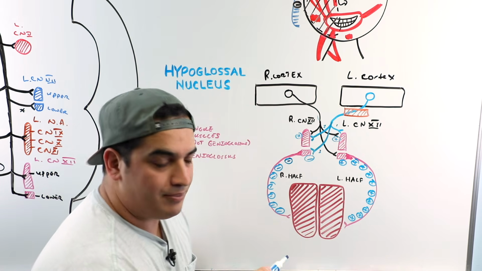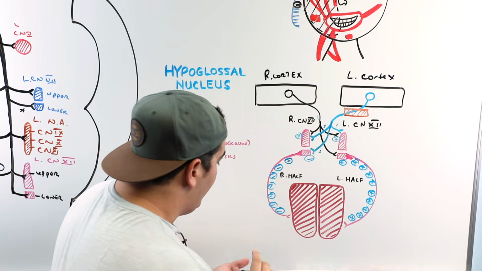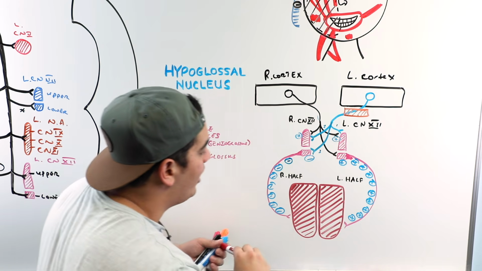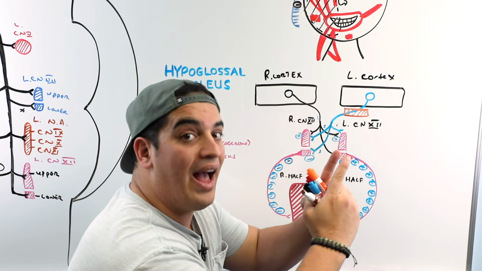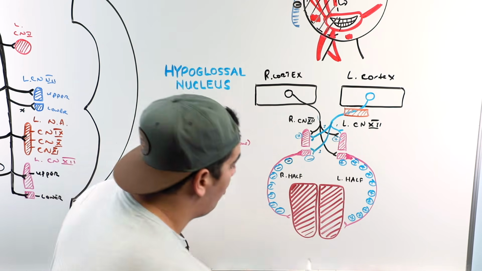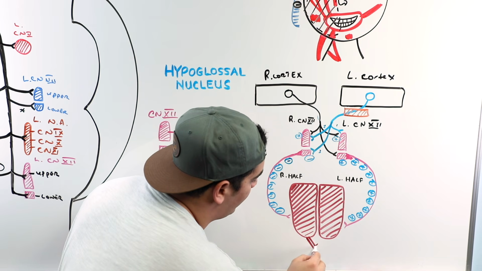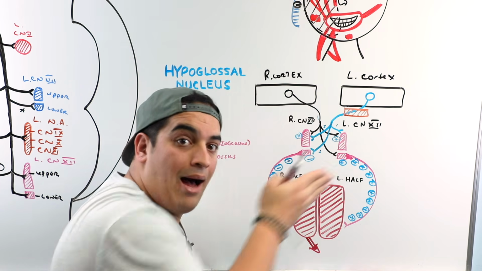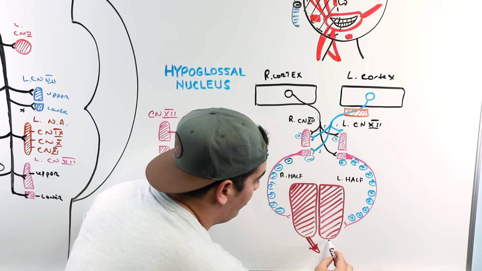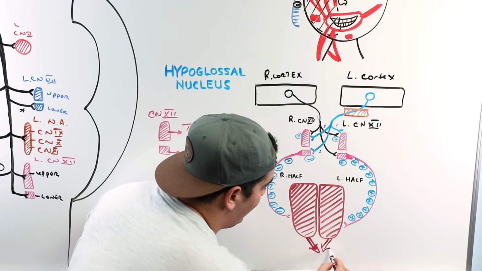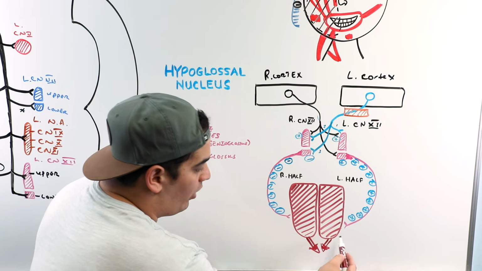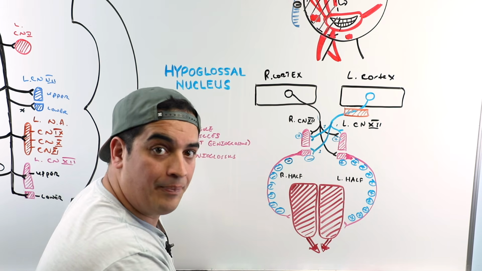Here's what's really interesting. Your genioglossus muscles, when they contract, protrude your tongue out. But your right genioglossus, when it protrudes, moves it a little bit towards the opposite side. And then your left genioglossus, when it contracts, protrudes it a little bit forward, but also towards the right side.